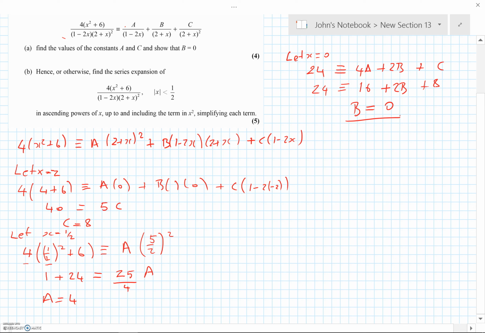Okay, so that gives us that 4x squared plus 6 over (1 minus 2x)(2 plus x) squared is equivalent to a, which is 4 over 1 minus 2x, plus b, which is 0.